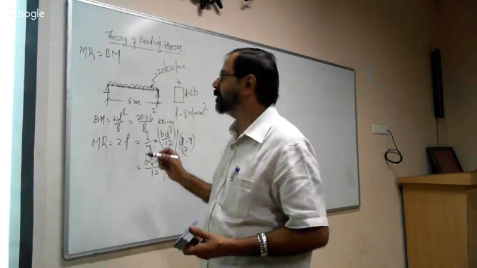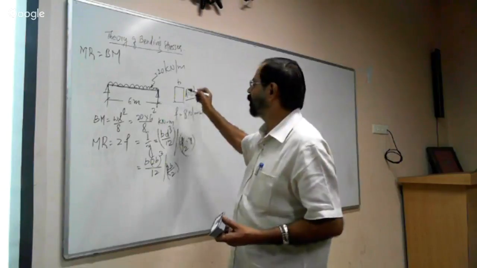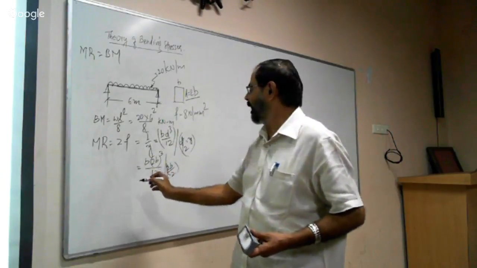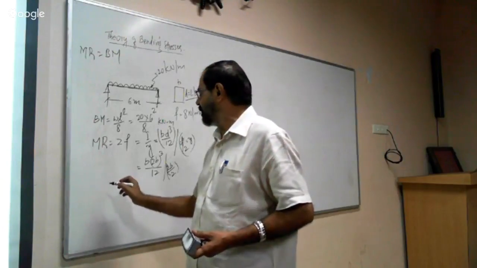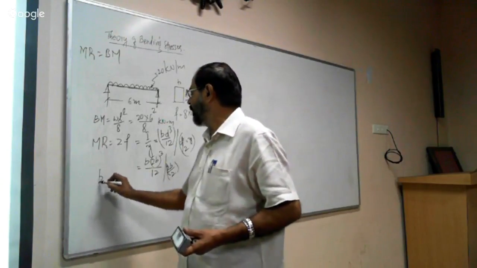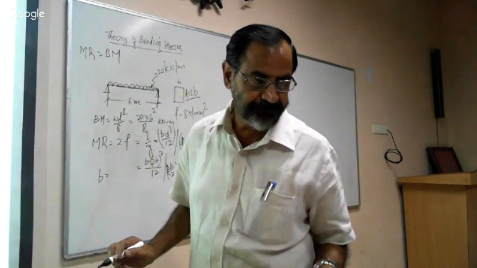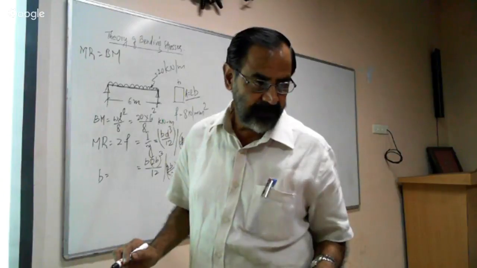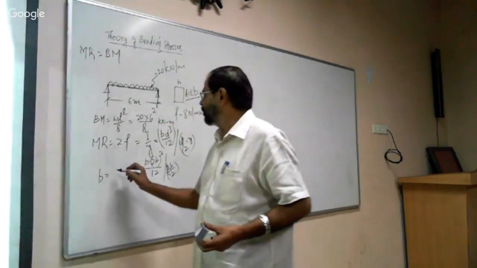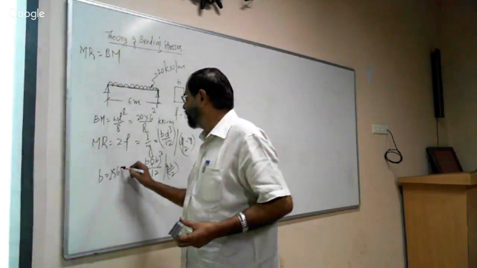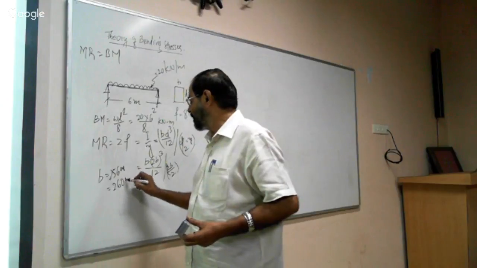And breadth B, according to the data given, D is equal to 2B. Now the result, B is equal to how much? We are going to get 256 millimeter, and say it is 260 millimeter.